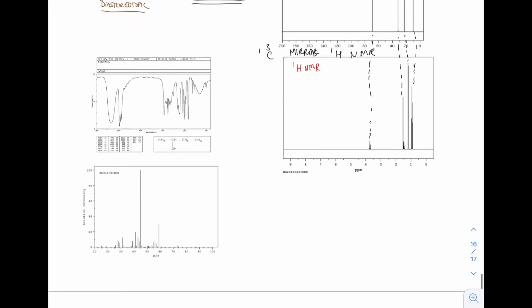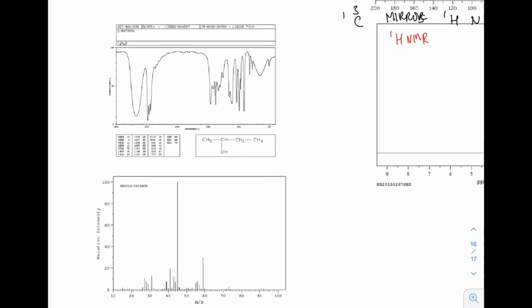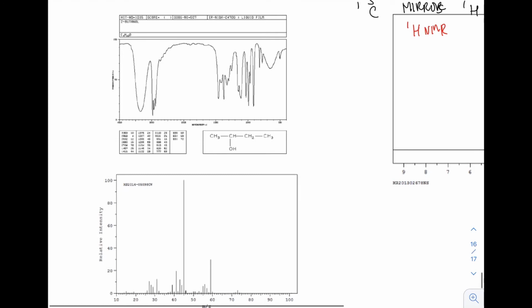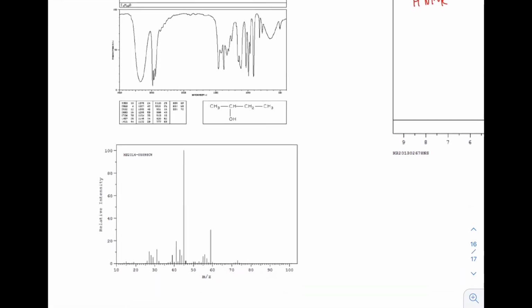One last thing I wanted to mention is the fact that we can actually use mass spec. Because we know about all of the NMRs and the mass spec and IR, we can use all of these tools together to figure out the structure in the end. So let's say we didn't get that structure for butanol initially. What we could look at is the mass spec.